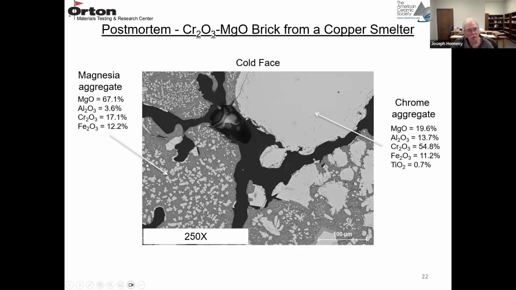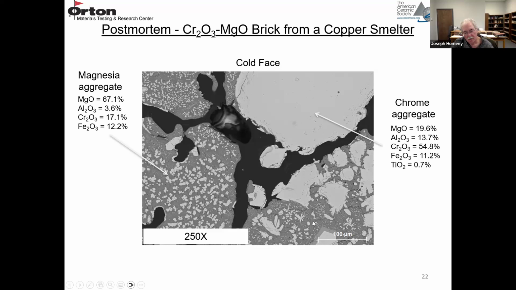So this particular grade is about 67% MgO and 12% Fe2O3. It has some chrome in it, about 17%, and also some alumina. This is the chrome aggregate. It's about 55% Cr2O3, 19% MgO, some alumina, and some iron oxides.